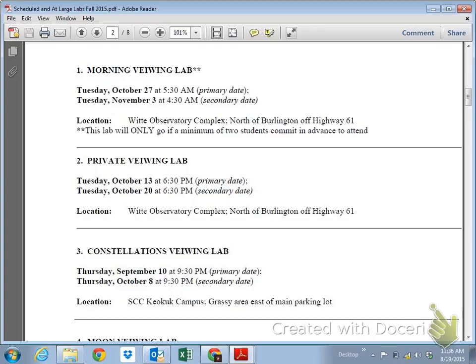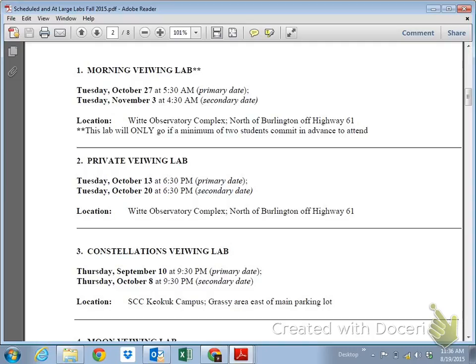Sometimes we want to see the moon, and the best time to view the moon with a telescope is when it's a quarter. So that's kind of how I picked these dates. But October 27th at 5:30 in the morning, Whitty Observatory. But I need a commitment from, what did I say? At least 2. So we'll see. I've got my fingers crossed.